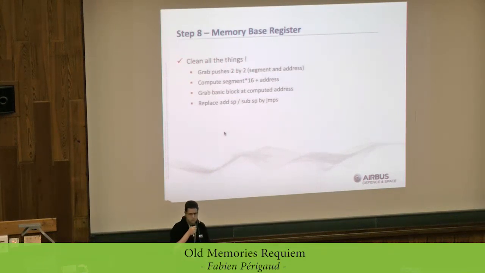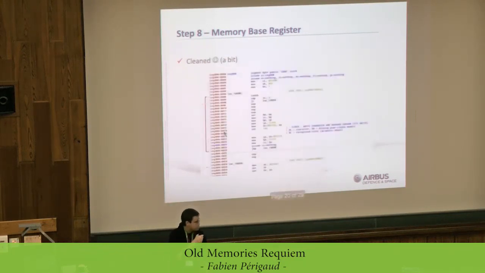So we grab the values 2 by 2, we compute the segment multiplied by 16 plus the address. We try to find the basic block corresponding to this address, and then we can also fix the add SP, sub SP instructions by replacing them with jumps. And finally, we can have a clean code. Well, I don't think you can read it, but it's clean.